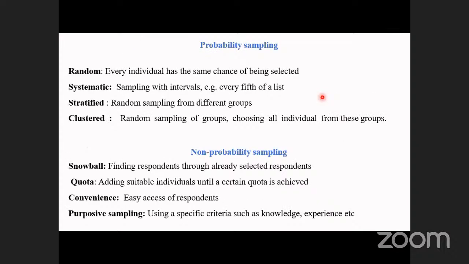With probability sampling, which is more quantitative data driven, the idea is that we try as much as possible to give an equal proportion to participate in the study for everybody. The chances of selecting are almost equal for everybody. I'm using the word almost equal.